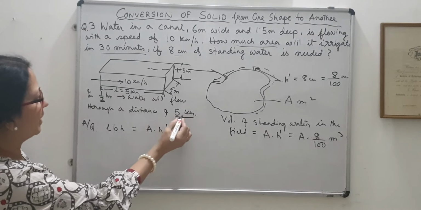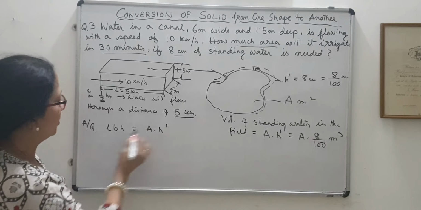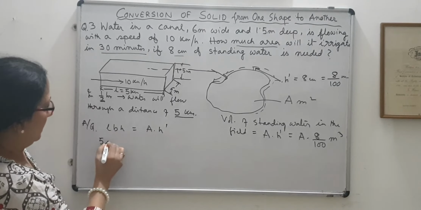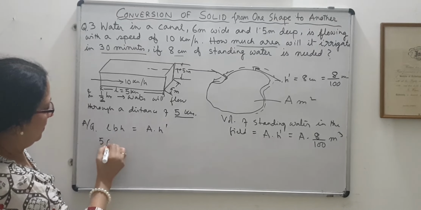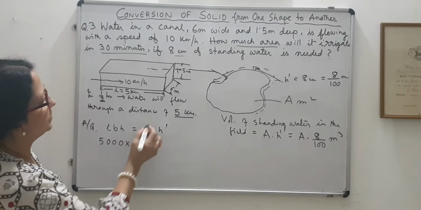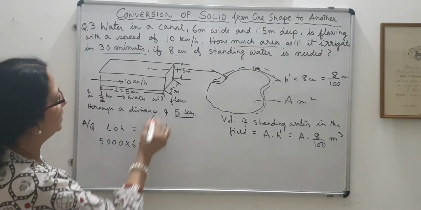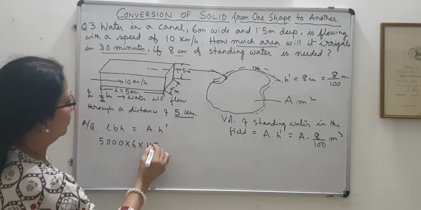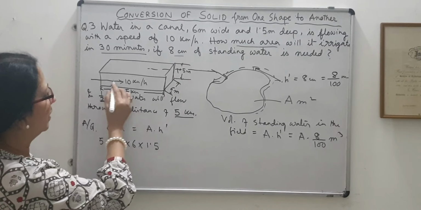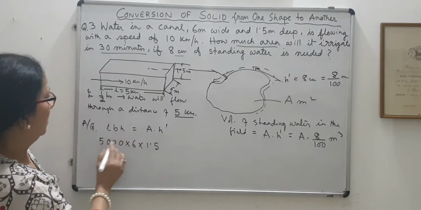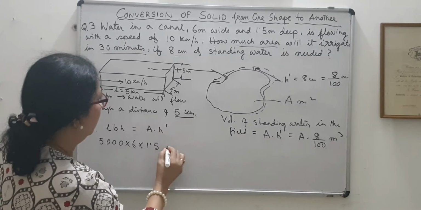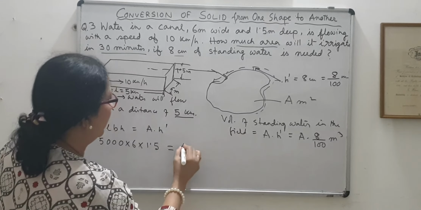This L is now 5 kilometers. I have to convert it into meters, so it will be 5,000. Breadth is 6 and height is 1.5. This is the volume of the water coming out of the canal.